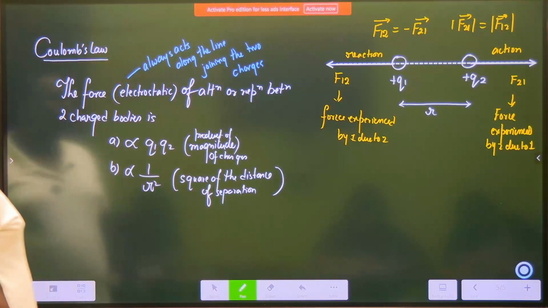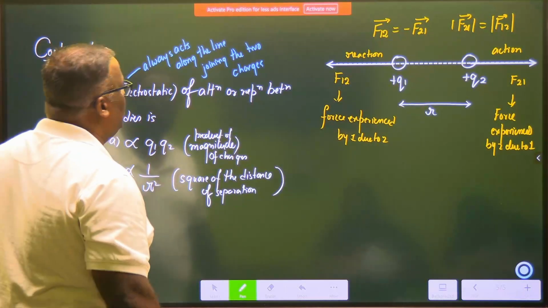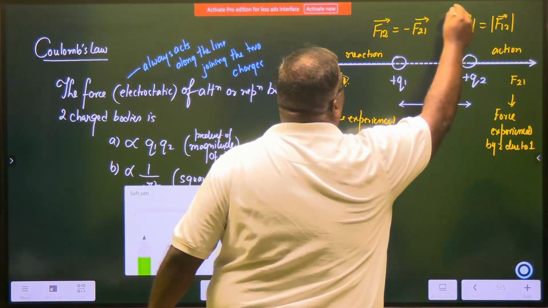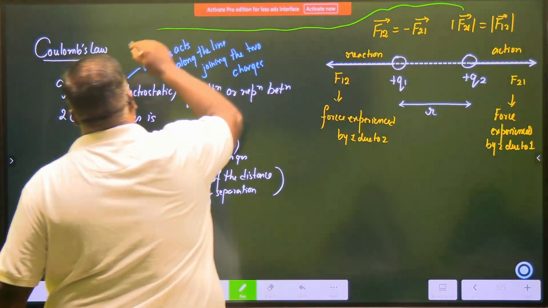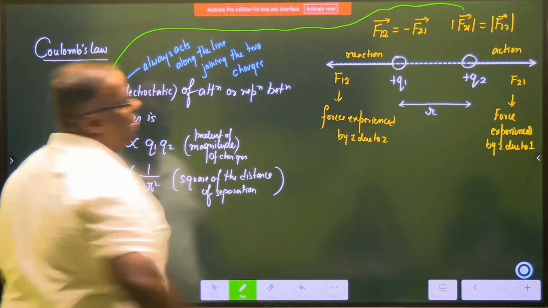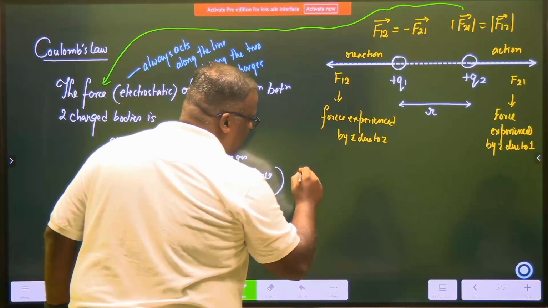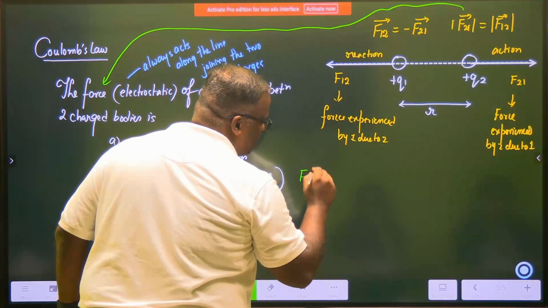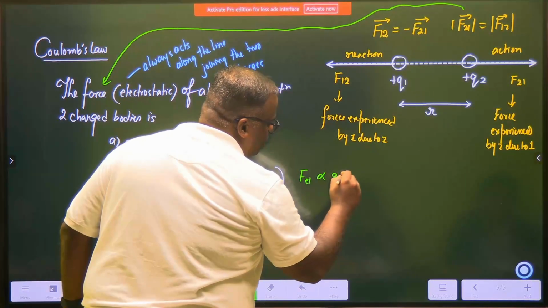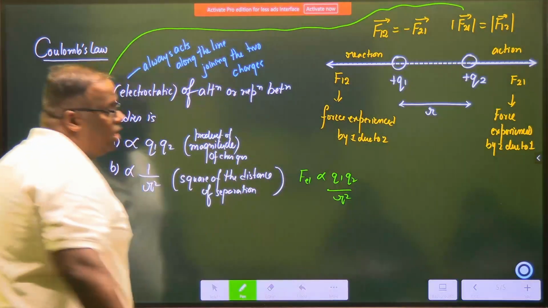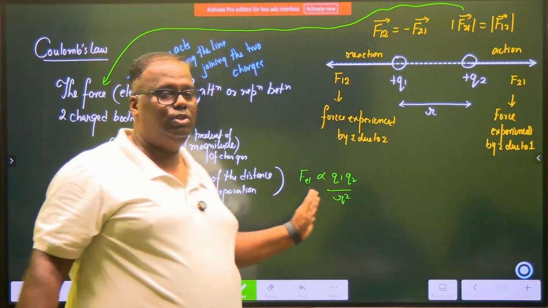When you are talking about this and trying to define it in electrostatics, you are actually defining the magnitude. Got it? So mathematically you will write that the electric force is directly proportional to Q1 Q2 upon R square. You may ask me, sir, why are you not writing F12 or F21?